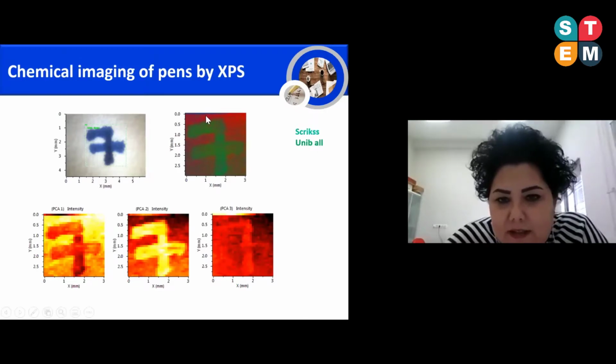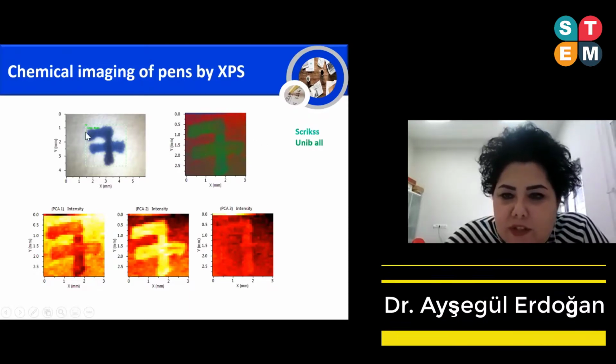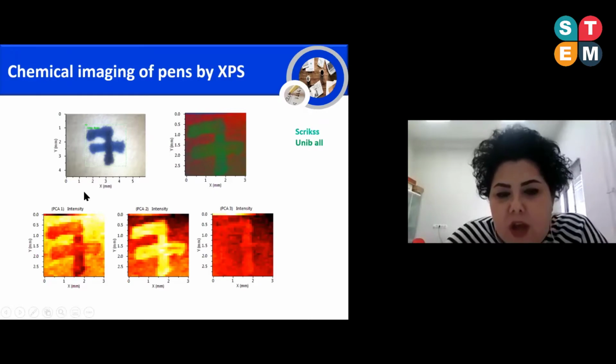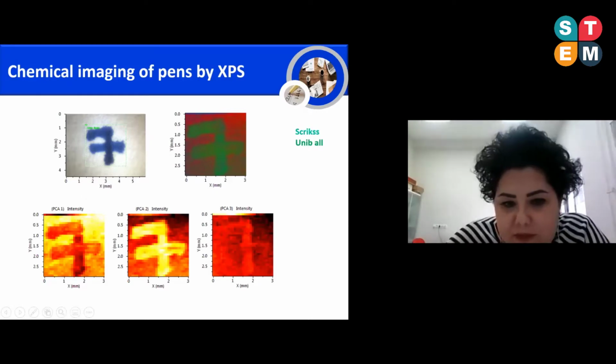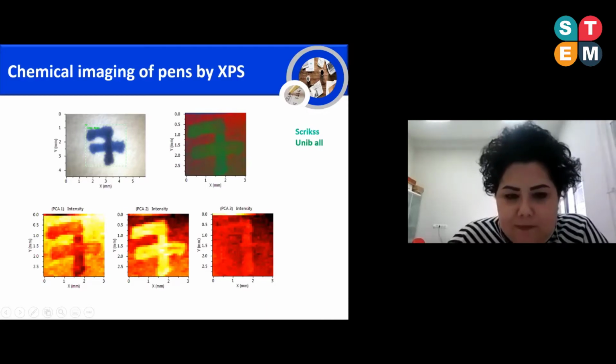And again, this is a line like 1, and then it has been turned into 7. And in this one, we have used Uniball to turn it into 7. So here are the principal components, and this is the overlaid image.